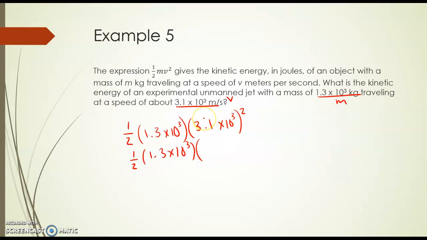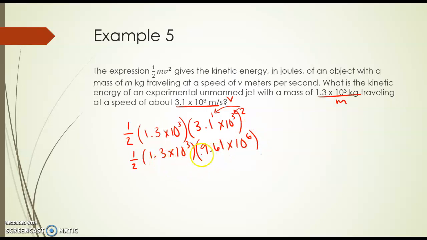I need to take 3.1 and I'm going to square that. So 3.1 times 3.1, or 3.1 squared, which is 9.61, right? Because this would have an exponent of 1, so I square that. And then I'm going to take the 2 times the 3, so we have times 10 to the 6th power.